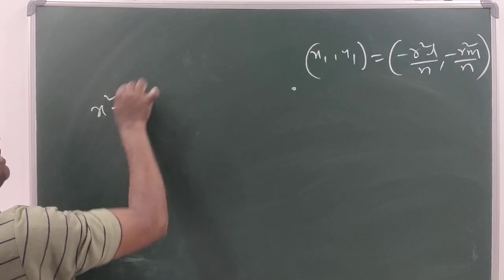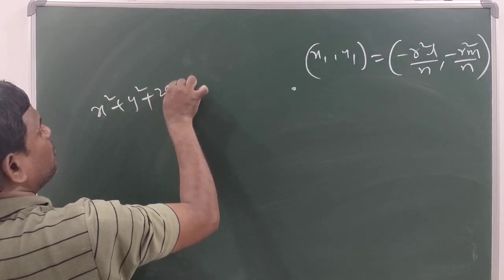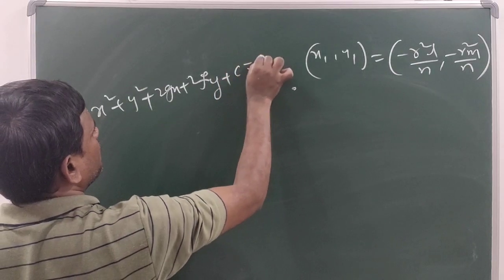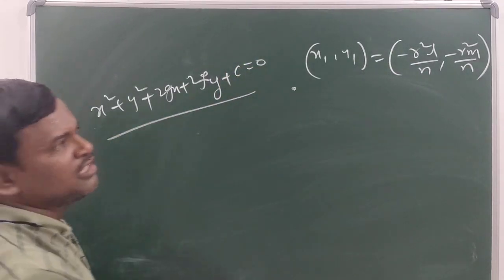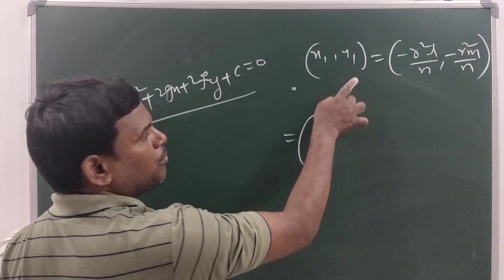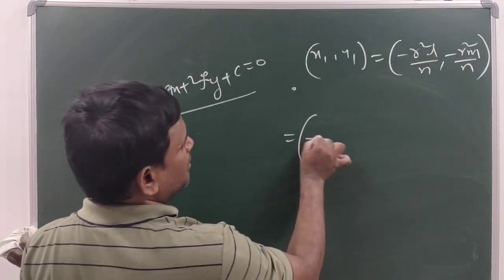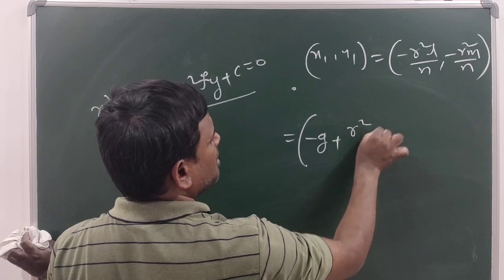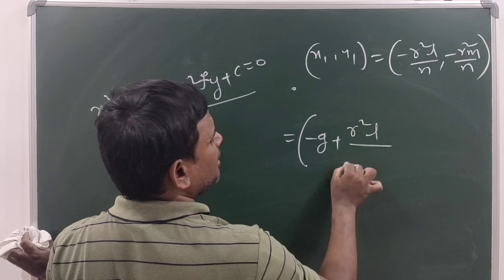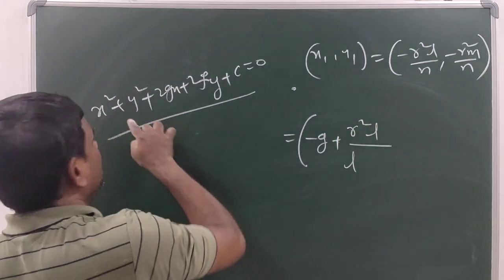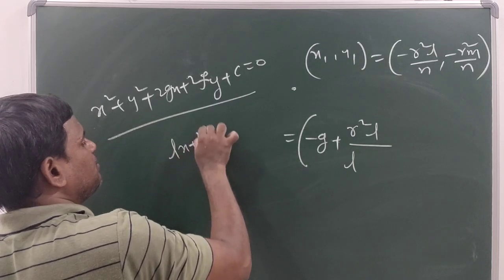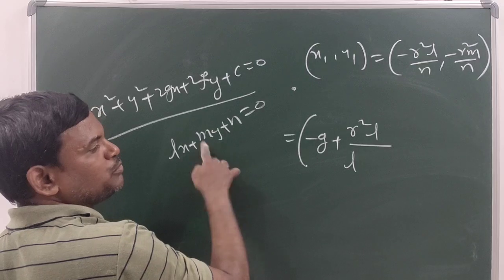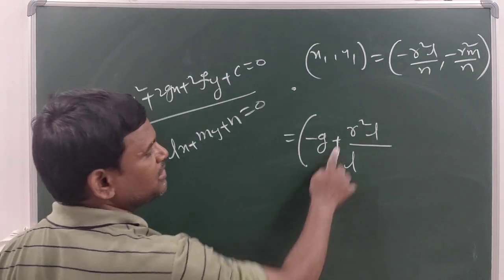Okay, but sometimes the circle equation is given like this: x square plus y square plus 2gx plus 2fy plus c equal to 0. If the circle equation is given like this, then the pole will be different. Here the polar is lx plus my plus n equal to 0. So in place of x and y, substitute the center minus g, minus f and simplify.